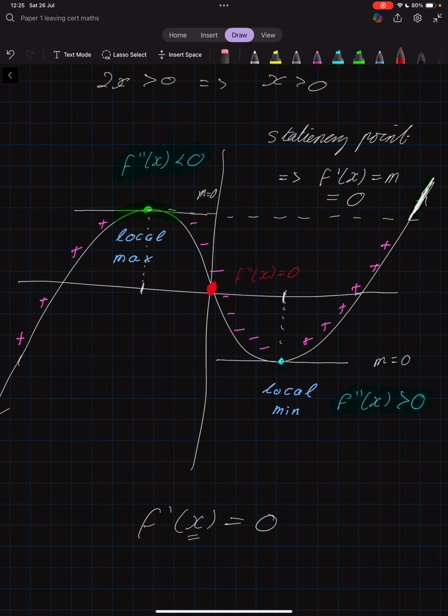This is called a point of inflection. So they can ask you, where is the point of inflection? You will get f prime prime, set it equal to 0, and solve for x. Then you plug that x value back into f of x to see what the y value is, and then you're finished.